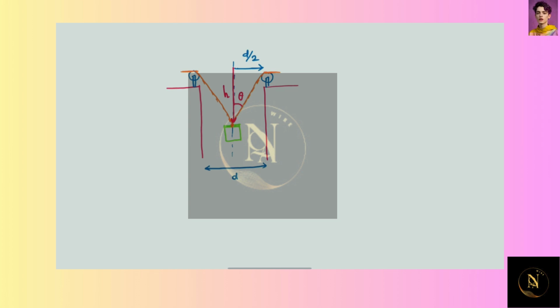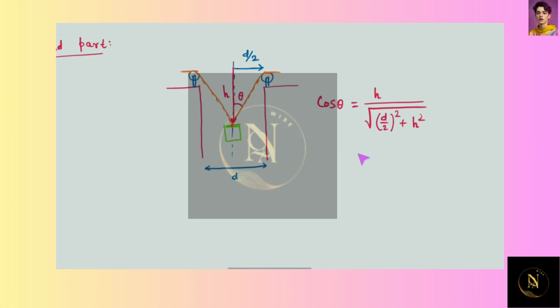From the figure we can easily calculate cos theta. Cos theta will be equal to base, which is h, by hypotenuse, that will be the square root of (d by 2) whole square plus h square.